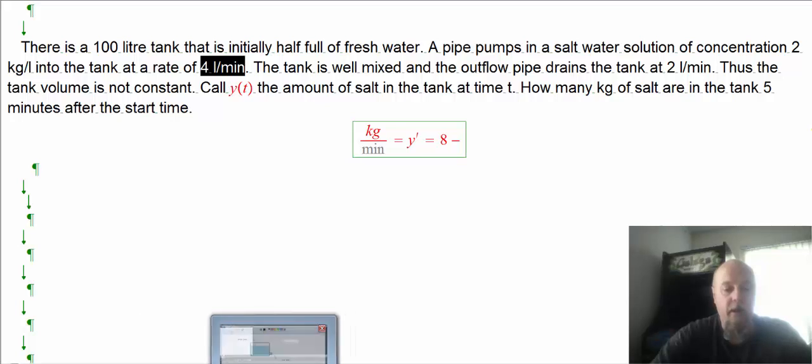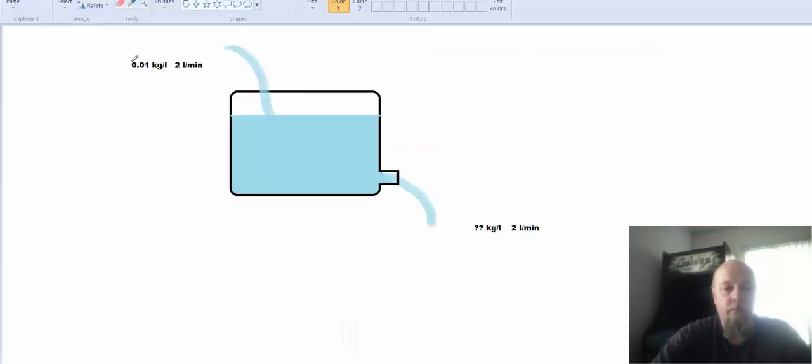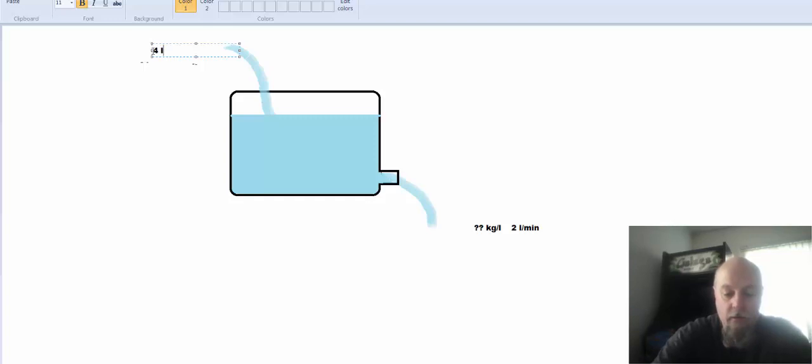So if I go back to my paint diagram and painfully erase this, we got 4 liters per minute going in, and I got 2 liters per minute going out.